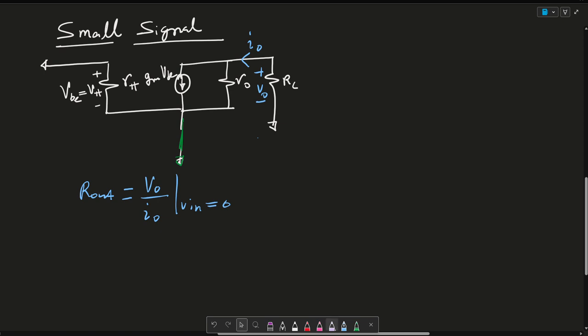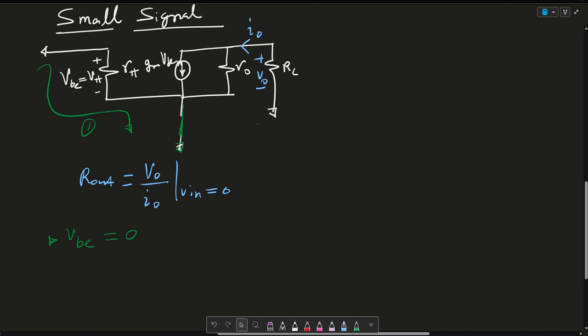So we can then write the same exact steps we did before. So I'm going to write a KVL here, call this 1. So I'm going to say then that VBE is equals to 0, plain and simple. I'm going to write a KCL for IO, similar to how we did in the previous example. Again, this is equation 1.